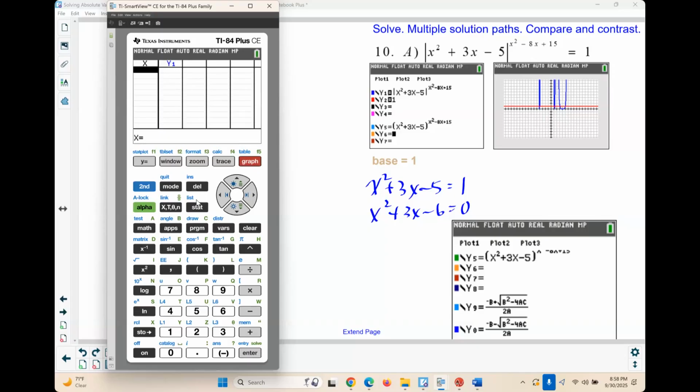That 2 point whatever is in Y9, right? Alpha trace, and I'm going to say put in Y9. Look what we're getting. Alpha trace, put in that number that was in Y0 that we found, and it's making that equation equal to 1. So I know for sure, without a doubt, those values do make that equation equal to 1.